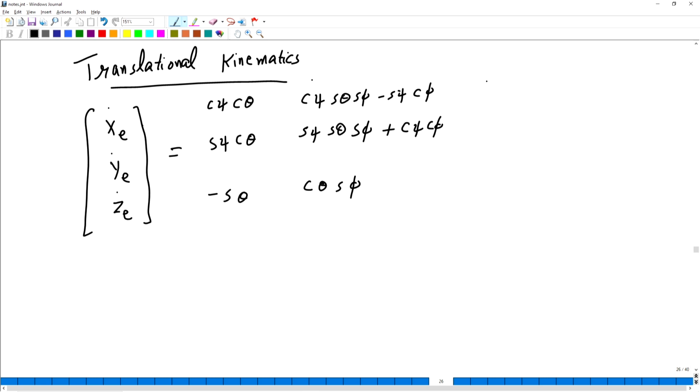Here we have cos xi sin theta cos phi plus sin xi sin phi, sin xi sin theta cos phi minus cos xi sin phi, and here cos theta cos phi.